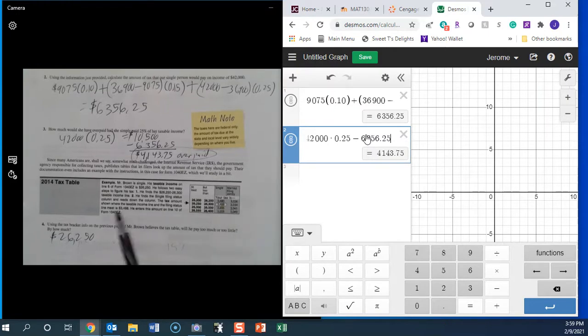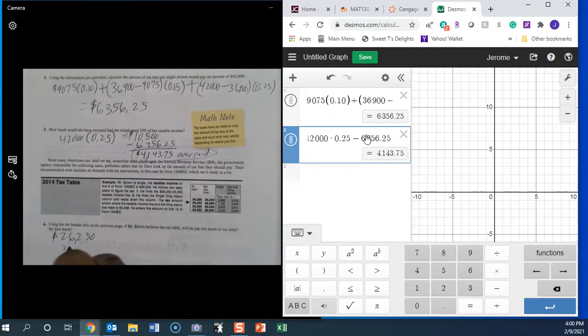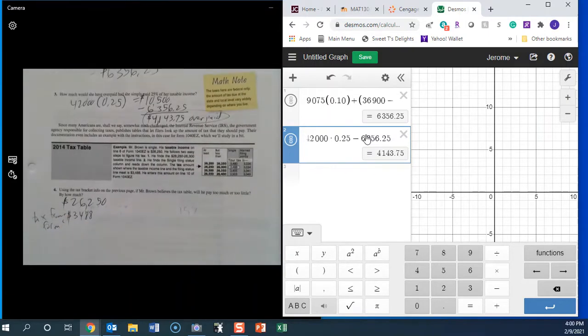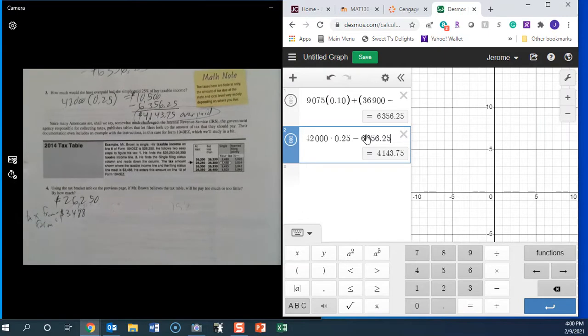The tax amount shown where the taxable income line and the filing status line meet is $3,488. He enters this amount on line 10 of Form 1040EZ. Okay, so I'm going to write this down. This was his tax according to this form. So tax from form, which is this $3,488. So now they want us to do some calculations.